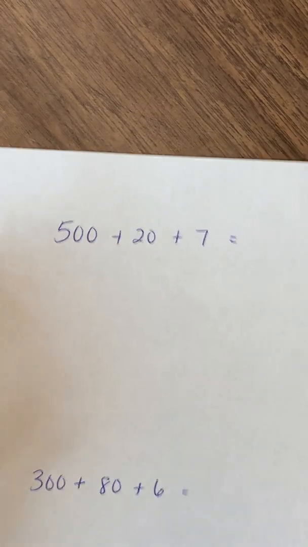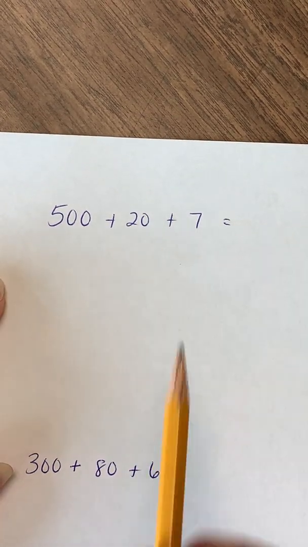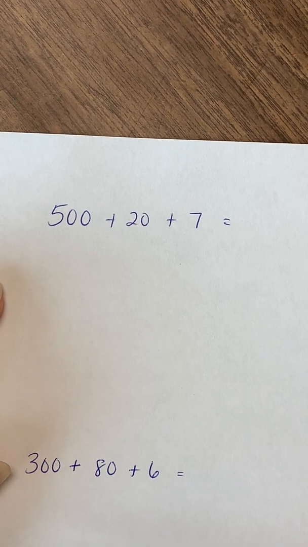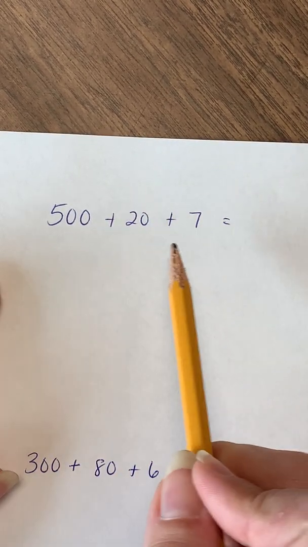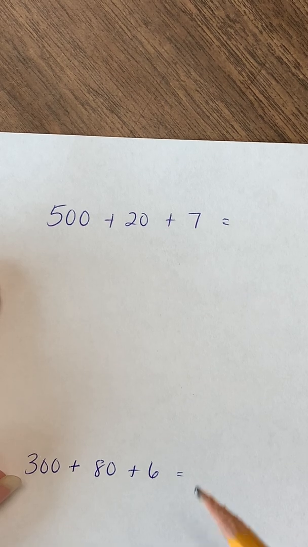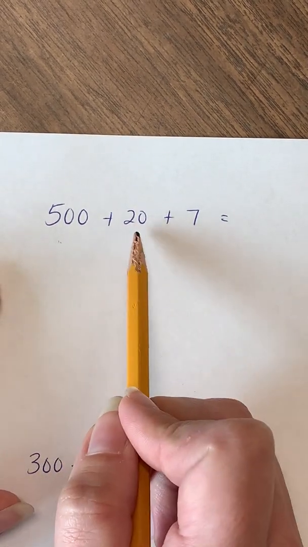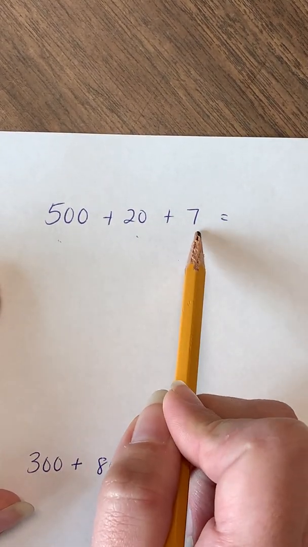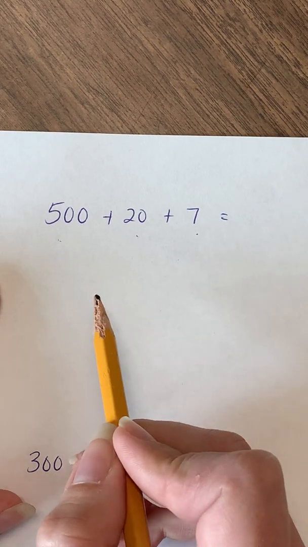Now, I wrote a number in expanded form. We're going to write the number for this expanded form on our paper. 500 plus 20 plus 7. We can draw pictures.